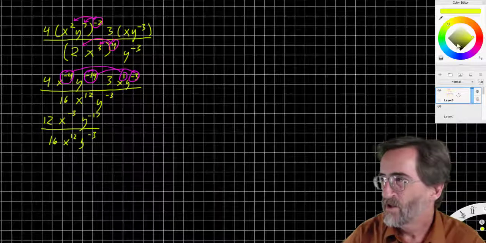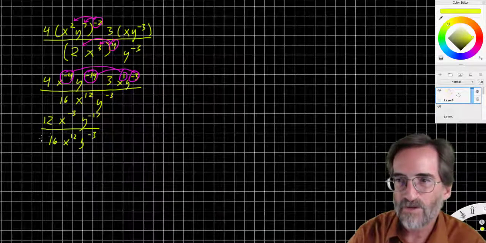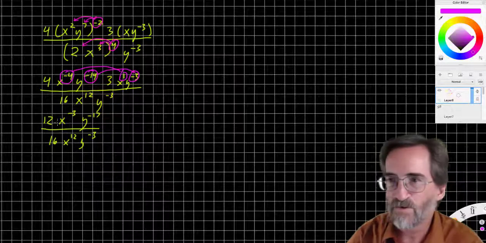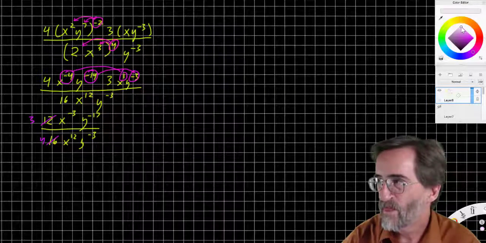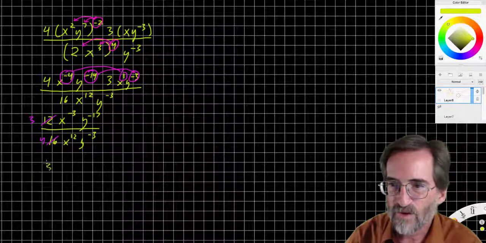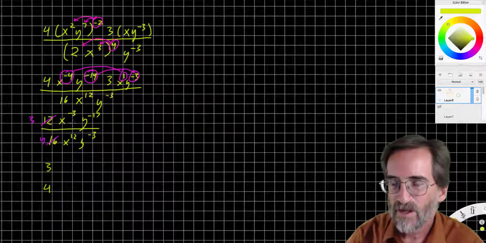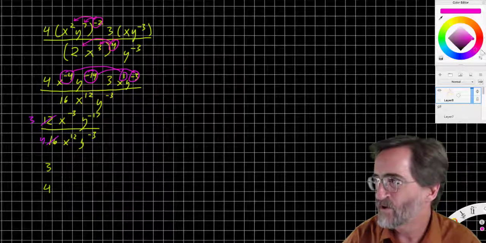Next thing I'm going to do, and there's some freedom in the steps you use, is reduce 12/16. They both reduce by 4 to 3/4. So 3 on the top, 4 on the bottom. I'm going to move the negative exponents across the bar.